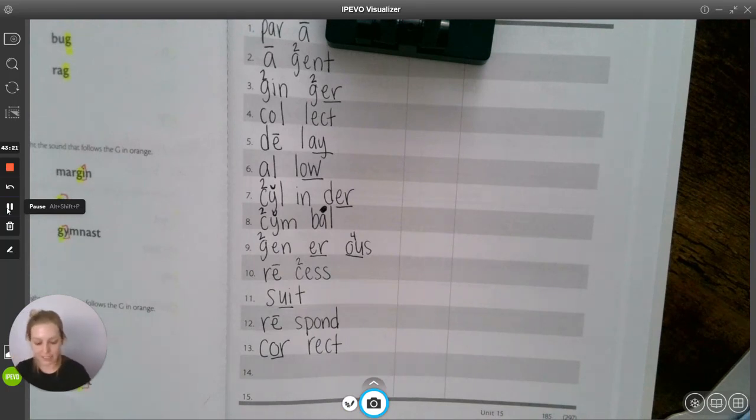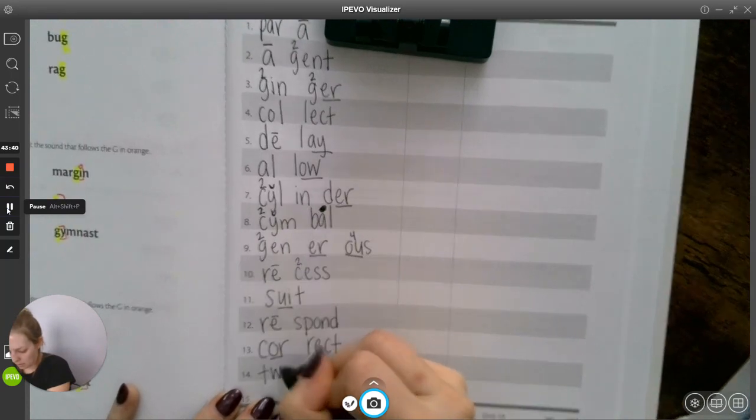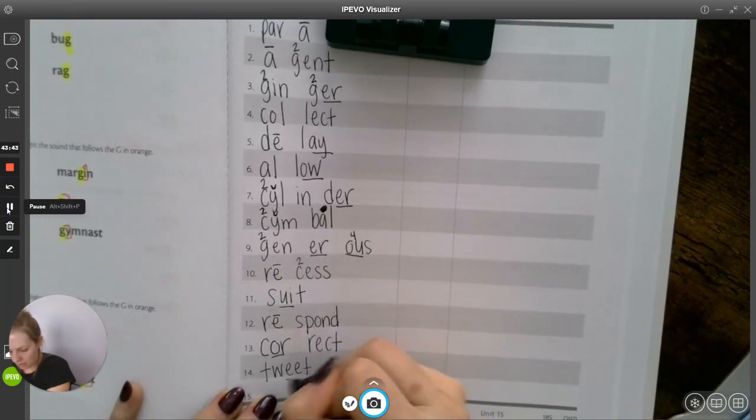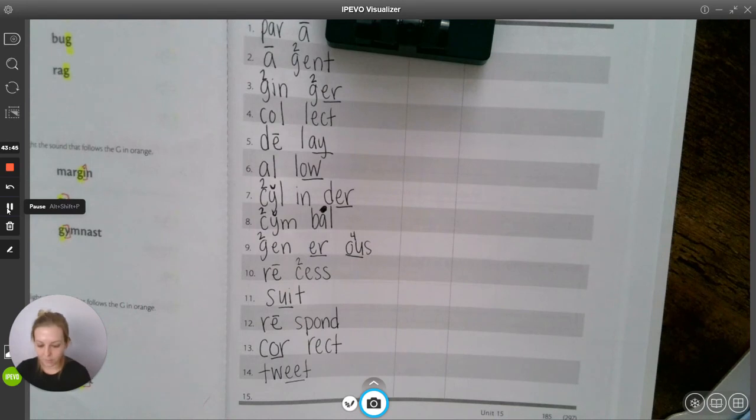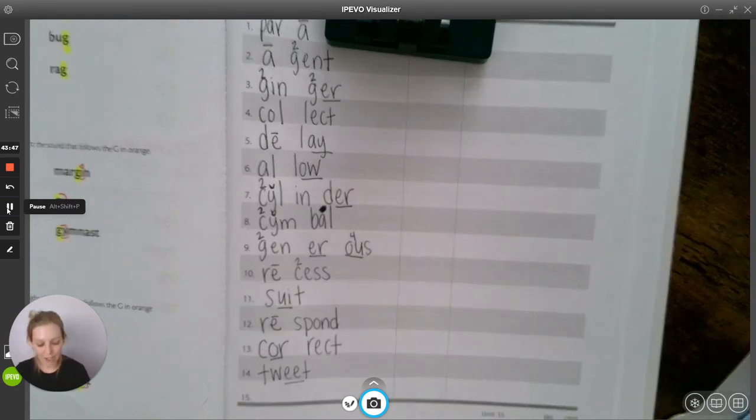Number 14, tweet. The baby chicken made a soft tweet. One syllable. T-w-e-t. Finger spell. T-w-e-double-e. T. And underline our phonogram. Last one, crash.